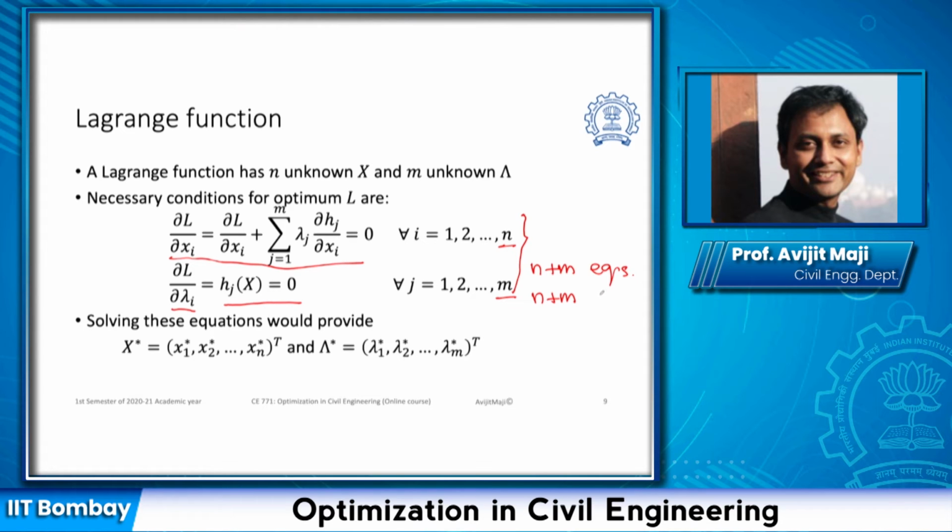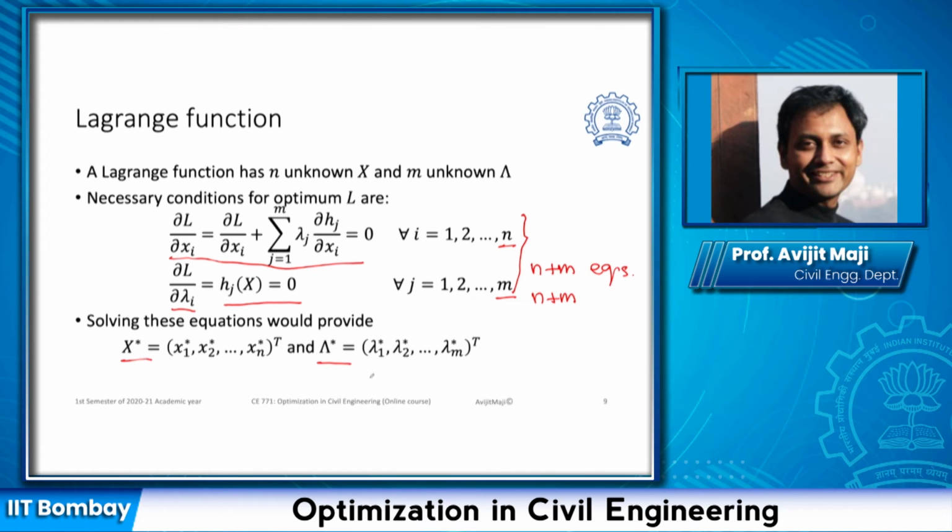If we solve this system of equations, we can obtain the values of x star and lambda star, and these values give us the potential extreme points of the function where we can obtain the optimum value.